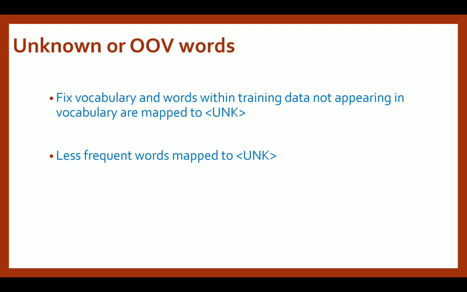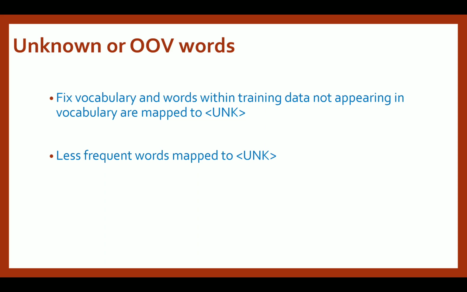All of the words which are not present in your fixed vocabulary are mapped to an unknown category, and for this category itself, whenever those words occur, you increase the count of unknown words, and all the estimates corresponding to those words will relate to this unknown word.